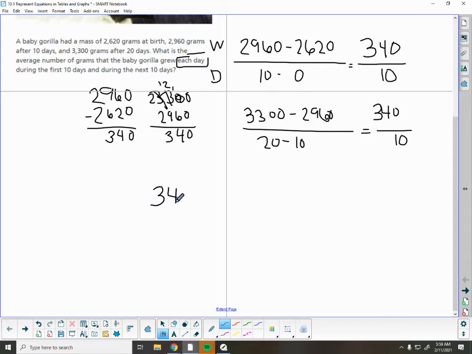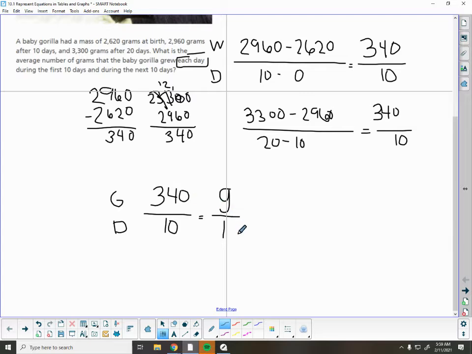This is how many grams it grew, and this is how many days it took to do that. I want to know how many grams it grew in one day.